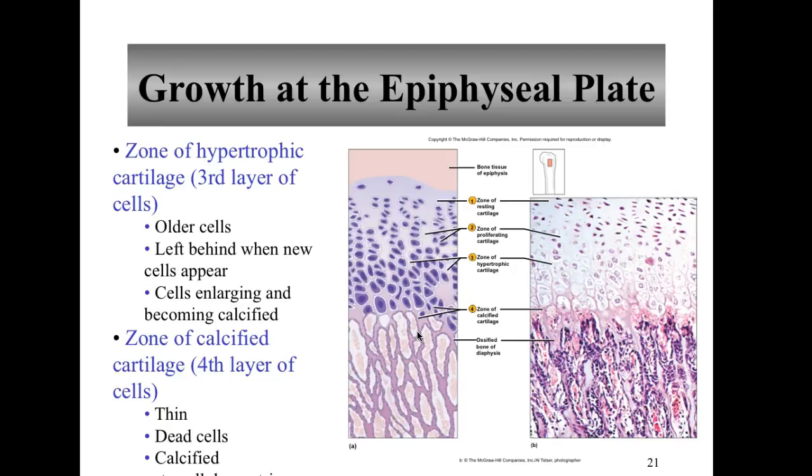As a child grows, what will happen is cartilage cells are produced by mitosis on the epiphyseal side of the plate, and then they are destroyed and replaced by bone on the diaphyseal side of the plate. So what we see there is you have bone growth on one side, bone destruction on the other side, and therefore the thickness of the plate remains almost constant while the bone on the diaphyseal side increases in length.